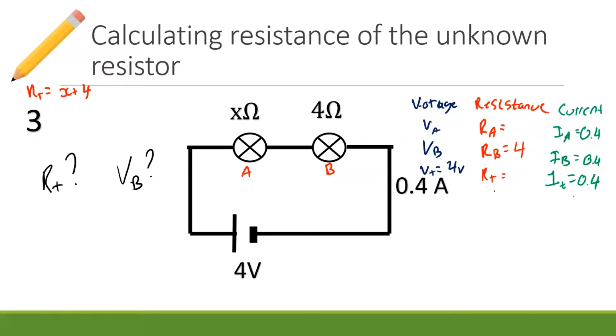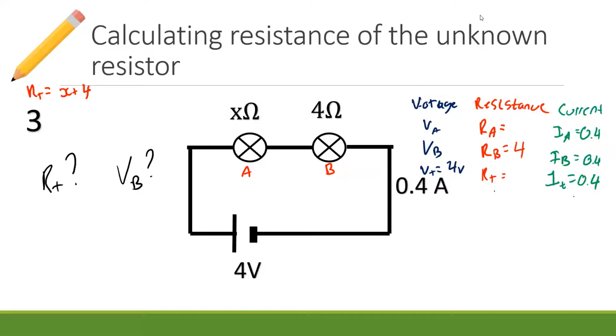Which one would you prefer to choose? VB? Yeah, VB. Okay, fine, we'll do VB. We can't do VA. Julie says RT. I don't know why Julie wants to be different. It doesn't matter. Let's go with VB.